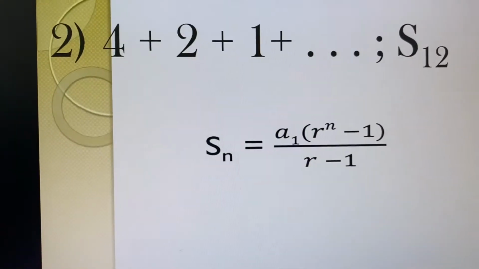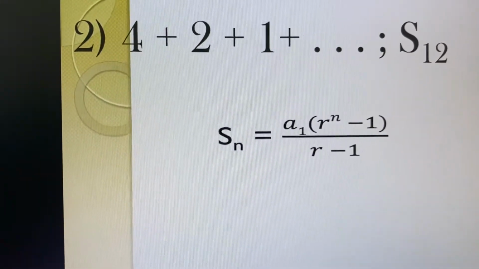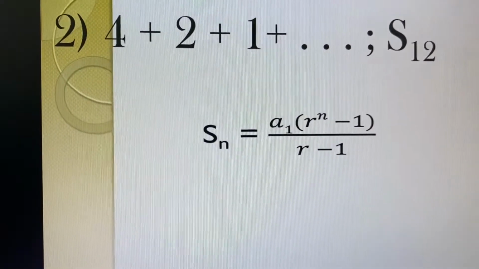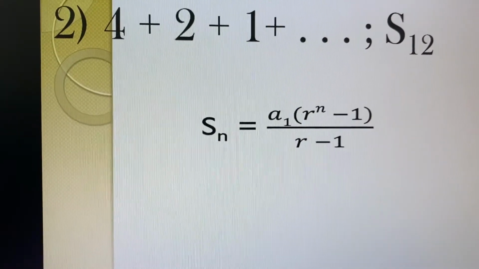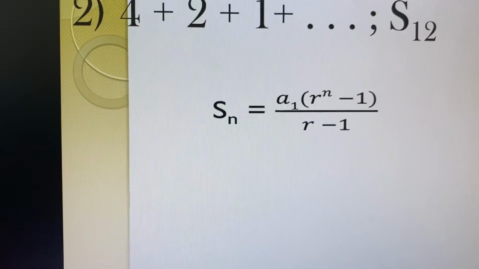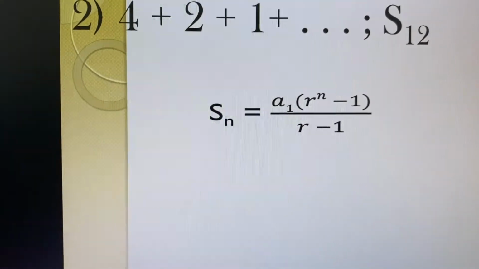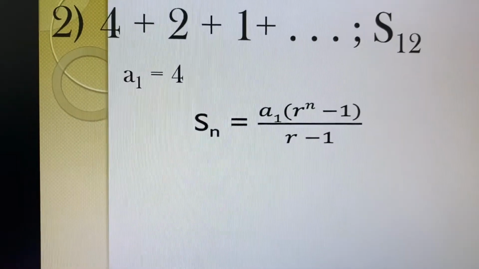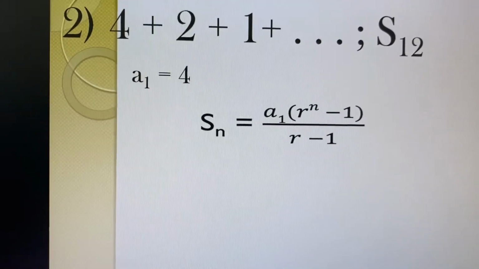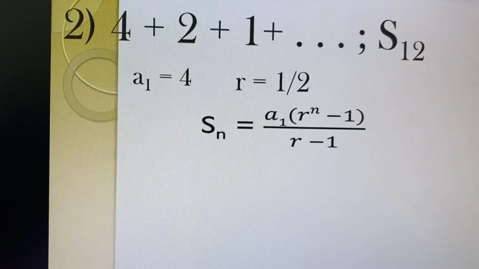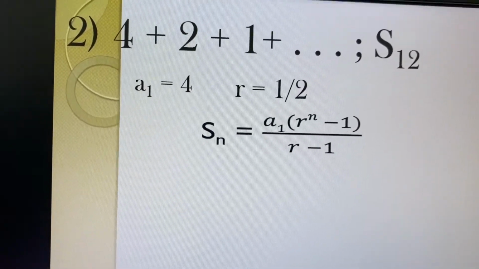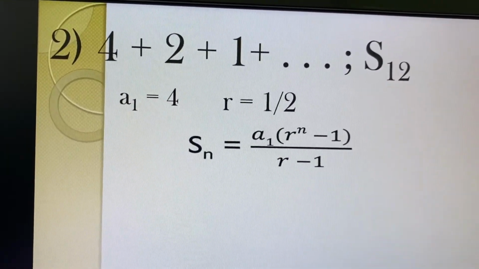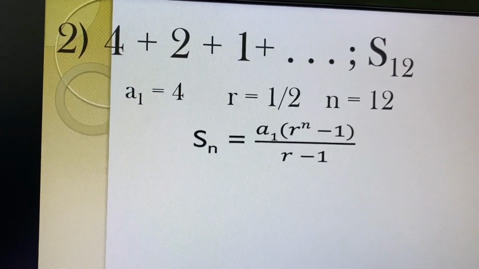The formula that we are going to use is S sub n equals a sub 1 times quantity r raised to n minus 1 all over r minus 1. First, you are going to identify the given. A sub 1 equals 4. R equals 1/2. You just divide 2 by 4 equals 1/2. Then n equals 12.